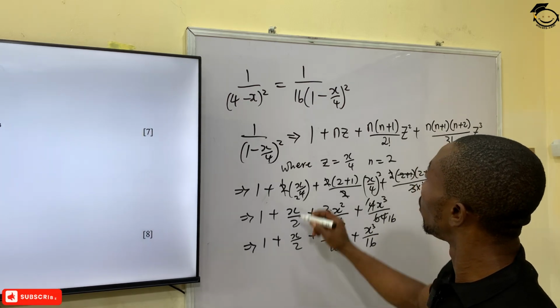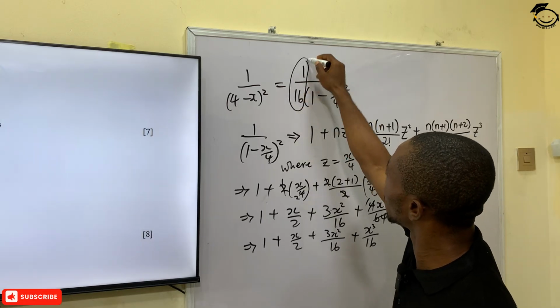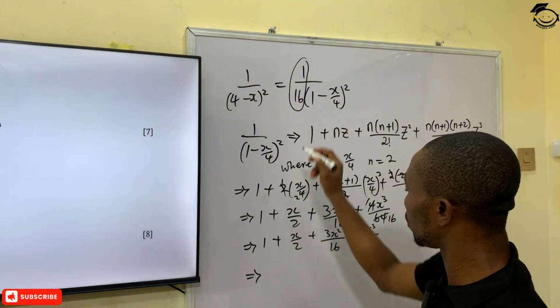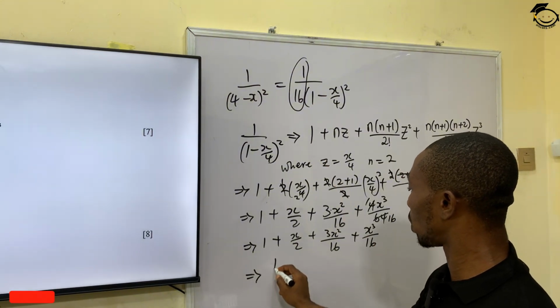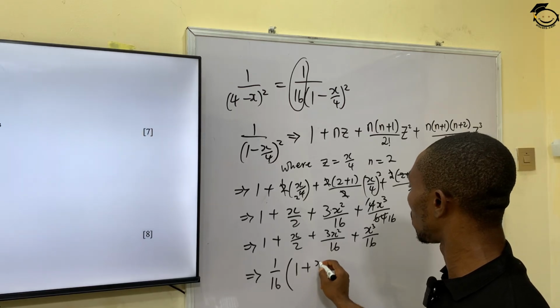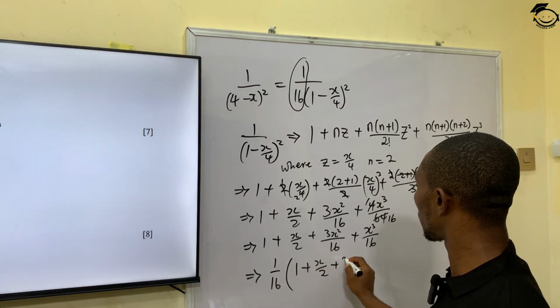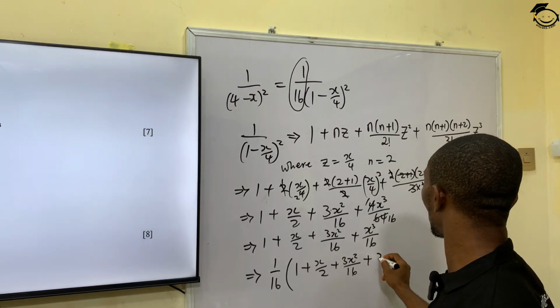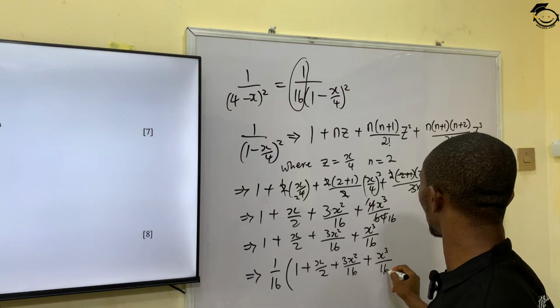All right, now recall that we have 1/16 kept aside somewhere. So we multiply through by 1/16. So this becomes 1/16 bracket open 1 plus x/2 plus 3x squared over 16 plus x cubed over 16.